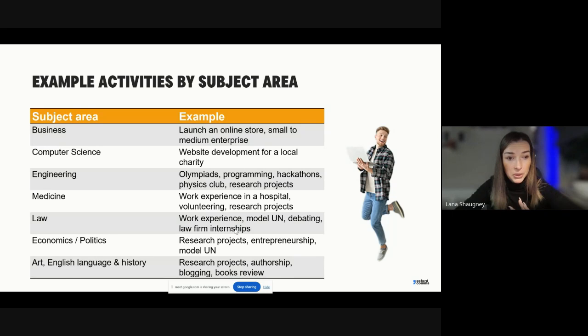For law, it could be work experience. You can check out if there's Model United Nations, debating societies, or law firm internships. For art, English language and history, any research projects, authorship, blogging, or book reviews would be really beneficial.